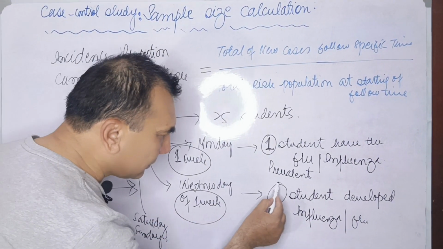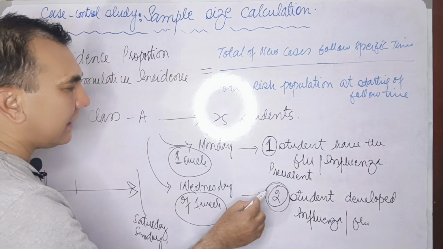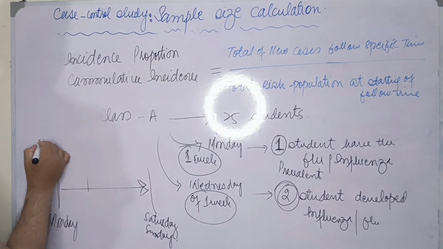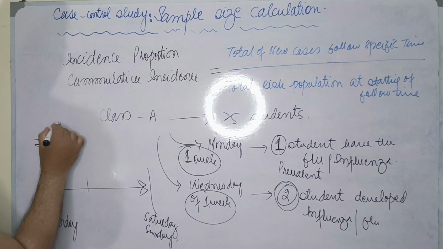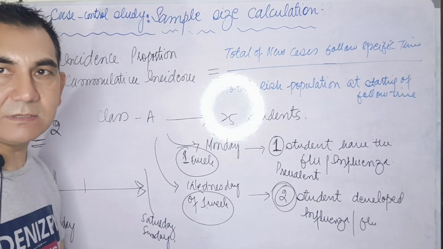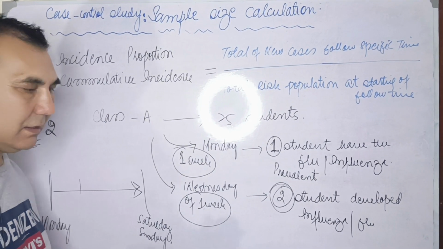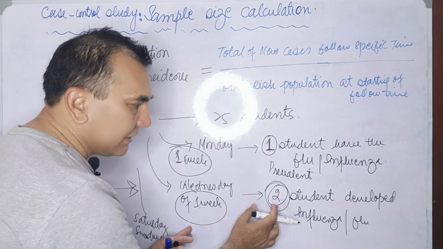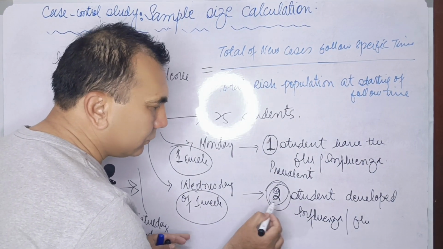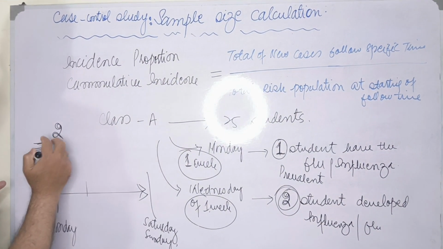These two students who developed the influenza will come up in the numerator. Two students is the number of the new cases who developed the influenza or the flu.